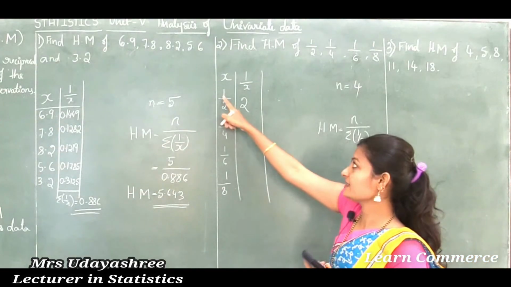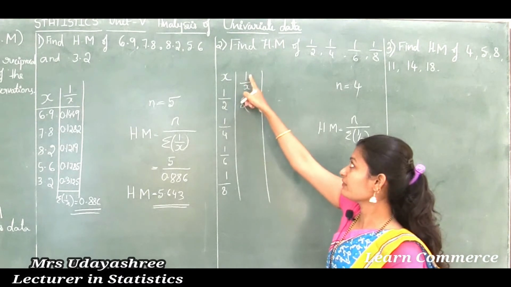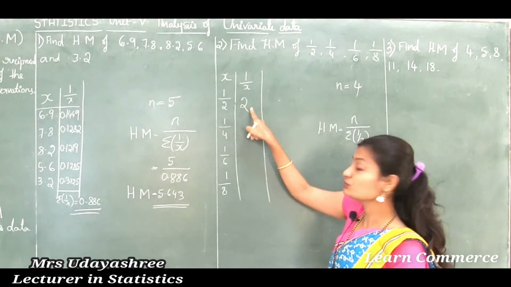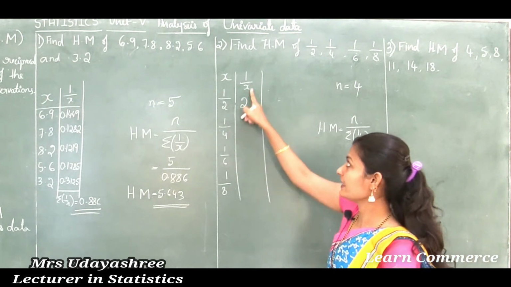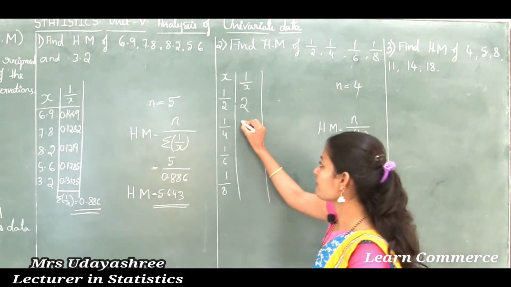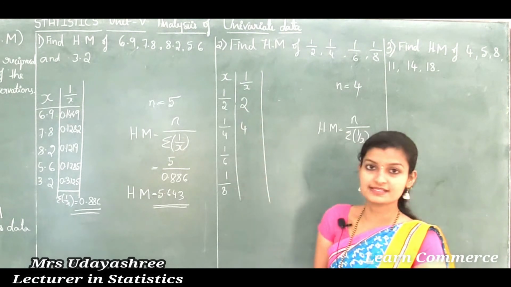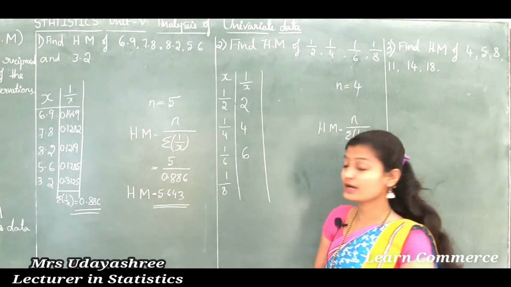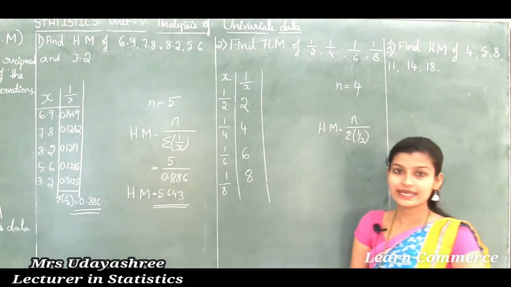Or else, first calculate 1 by 2, you will get one value, then substitute in the place of x, that is 1 by this value, you will get 2 only. Next 1 by x. In the place of x we need to substitute 1 by 4. So here the value is 4. Next 1 by x. Here x is 1 by 6. Here the value is 6 only. Next 1 by 8. The value is 8. So these are 1 by x observations.